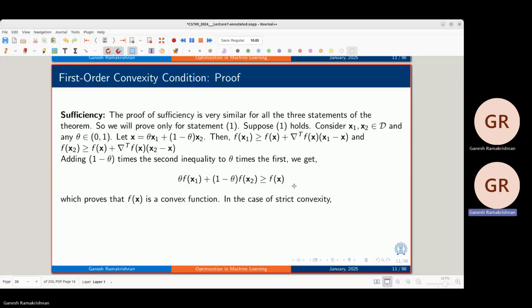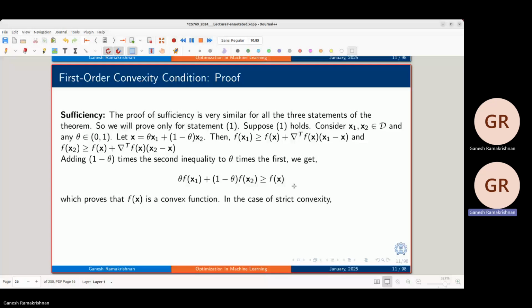Is this clear? So for convexity, we have shown that the first order condition is sufficient. The existence of a hyperplane basically means, in terms of the gradient, that the function is convex. Now what happens in the case of strict convexity? This inequality will be a strict inequality, so what follows will also be strict.